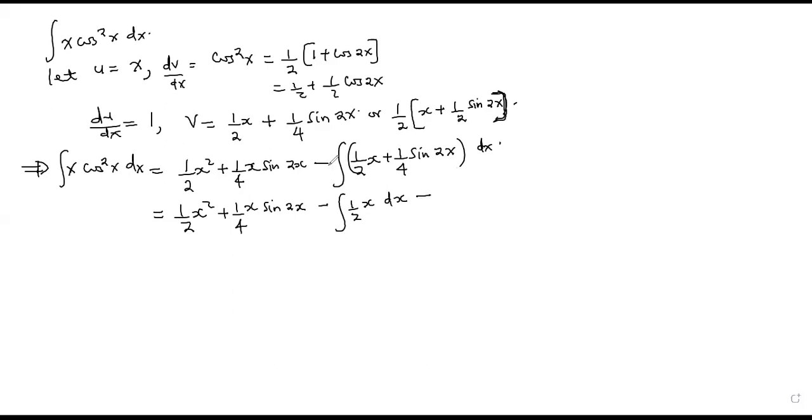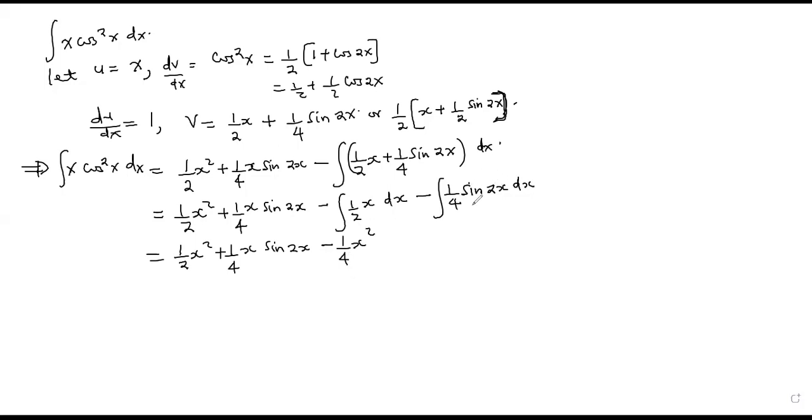Then another minus even this integral of a quarter. I've just split it for easy integration, a quarter sine 2x dx. So it's going to be equal to a half x squared plus a quarter x sine 2x minus, when you integrate this, you're going to get a quarter x squared, because it's x squared over 2, which will be a quarter x squared.